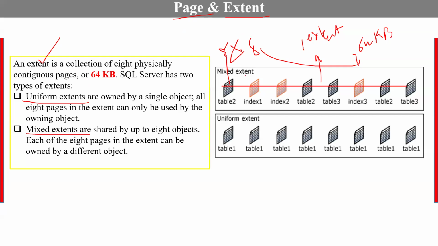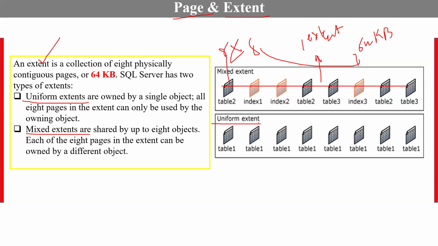What do you mean by mixed extent? If the eight pages contain different objects' data, then we call it a mixed extent. If the eight pages contain a single object's data, then we call it a uniform extent. Very simple understanding.